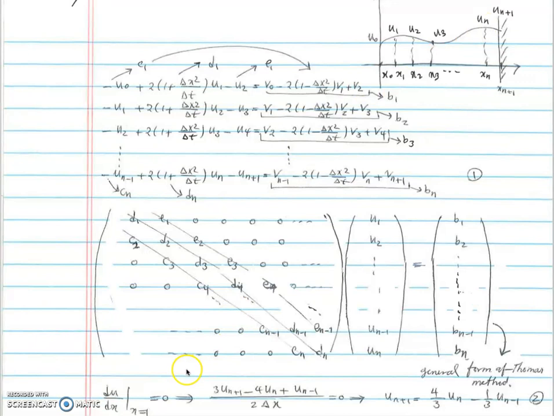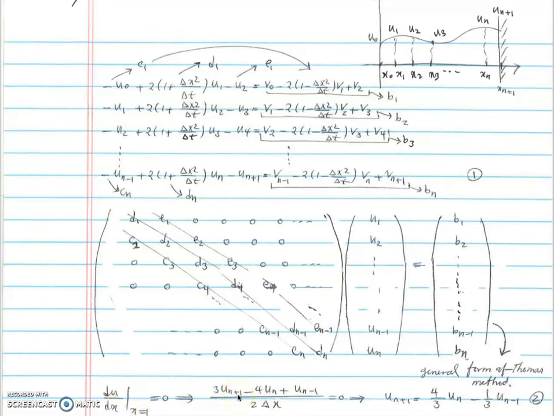So if you discretize this using backward difference, you're going to see 3un plus 1 minus 4un plus un minus 1 divided by 2 del x equals 0. You can actually see this by looking at page 83 of the text. That is the second order approximation to the first derivative. Okay, one more time.